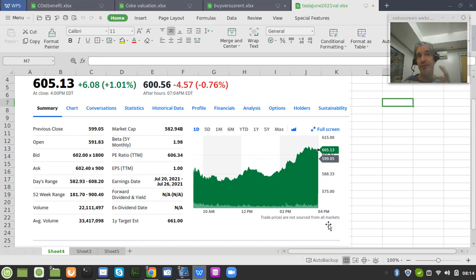Then, if I look at Tesla and it has a market cap right now of $580 billion, well, it's overpriced in my view. So, what I can do is figure out the valuation of Tesla, looking at its revenues, looking at its track records, looking at its growth, looking at its risk.